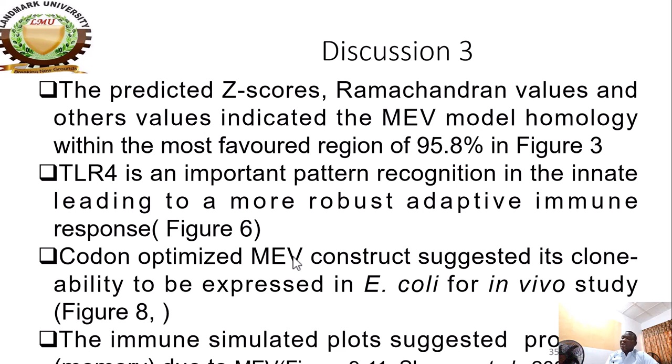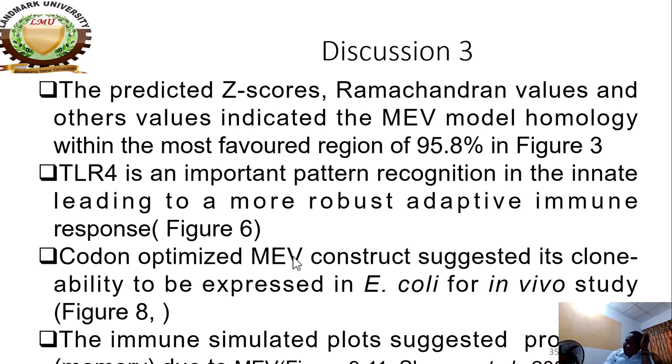The Ramachandran values suggested a most favored region of the predicted multi-epitope vaccine to be within 95.8%, as displayed in figure 3. Also, the ligand showed that there is going to be pattern recognition of the innate system, leading to a robust immune response.